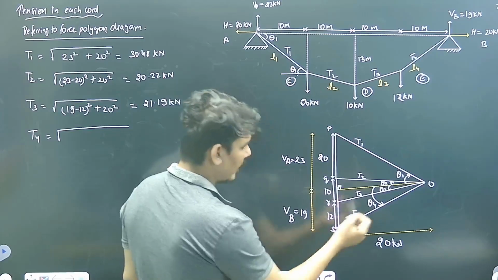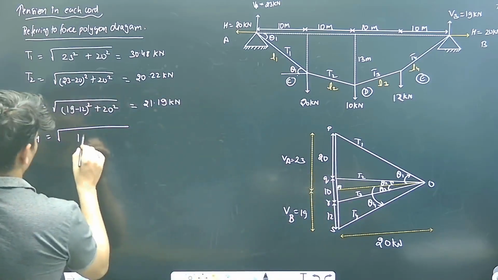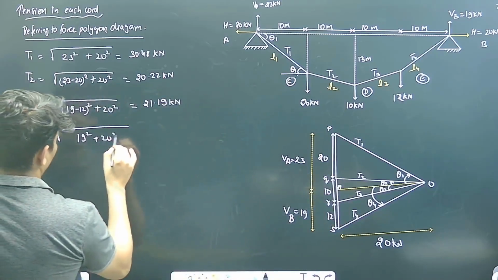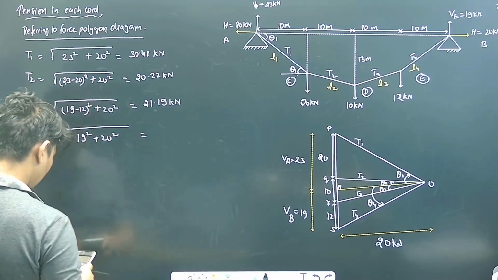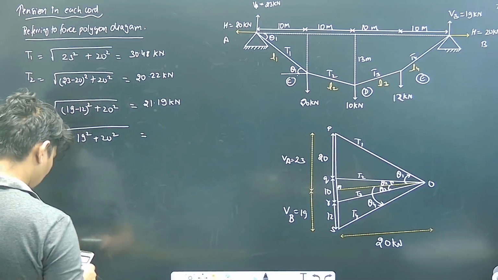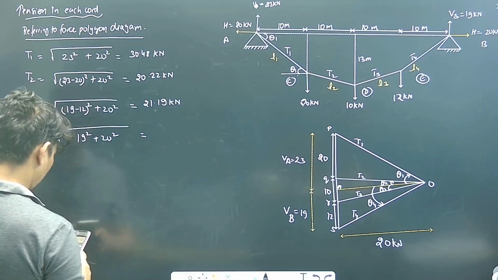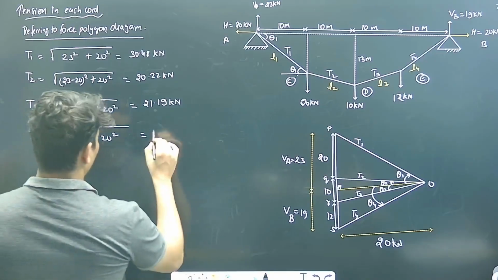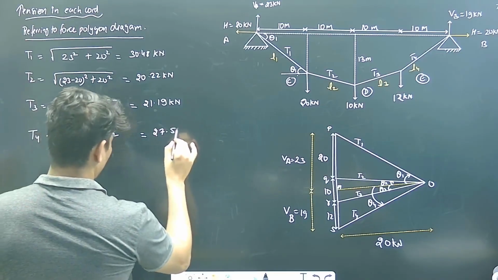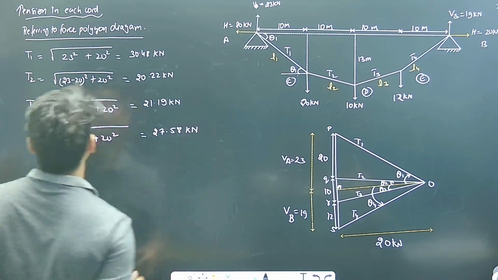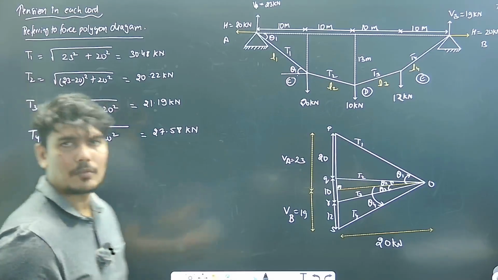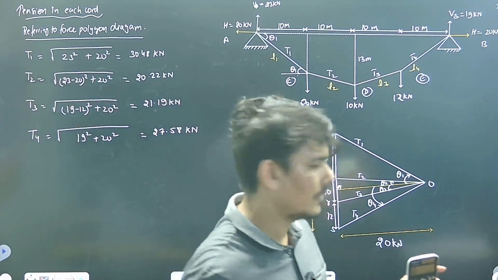Perpendicular is this directly 19. That's 27.58 kN. T1, T2, T3, T4 is finished.